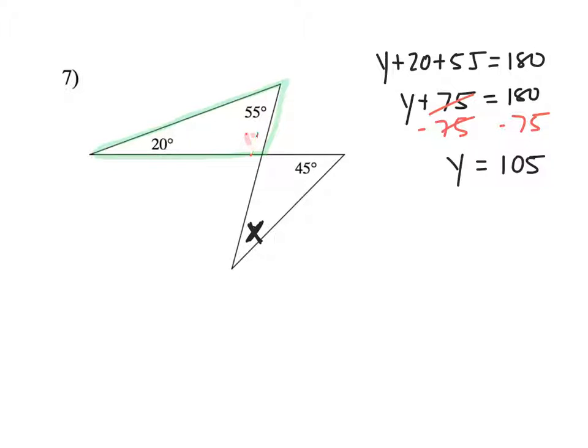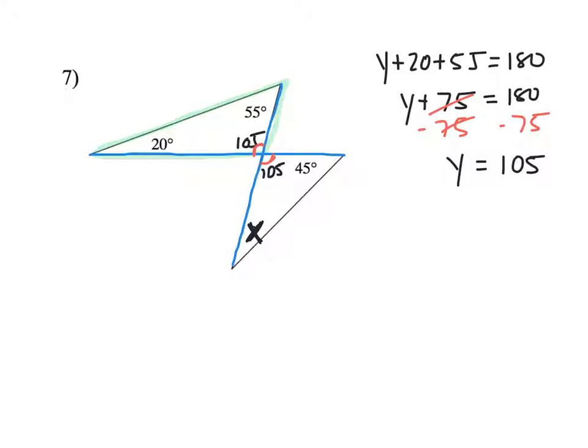Okay, so this angle here is going to be 105. Well, what I want you to notice here is that we actually have a straight line here and a straight line here that are intersecting to form vertical angles. So those two angles are the same measurement, making this 105 degrees as well.